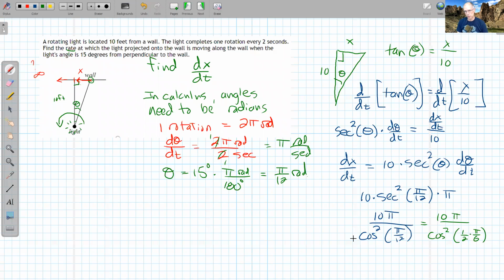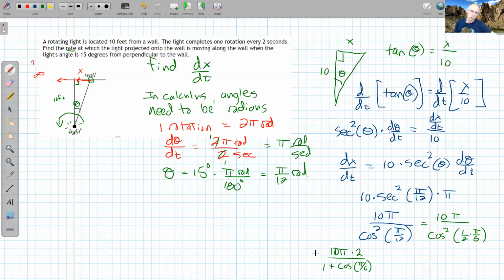So the cosine squared of that is gonna put in the bottom, so I've got my 10 pi divided by 1 plus the cosine of pi over 6. And all of that is over 2, so I can put that 2 up top, multiply by the reciprocal.